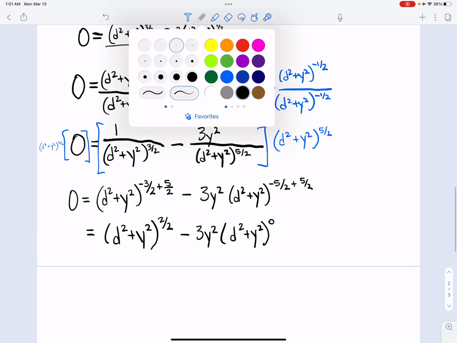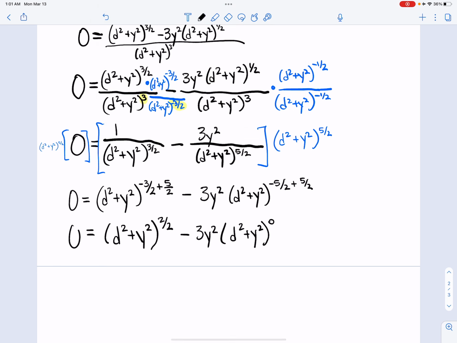Okay, so, and this obviously is still 0, so 0 equals d squared plus y squared, right? Because it's just to the first power, right?